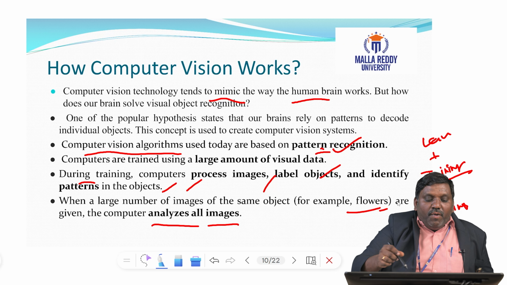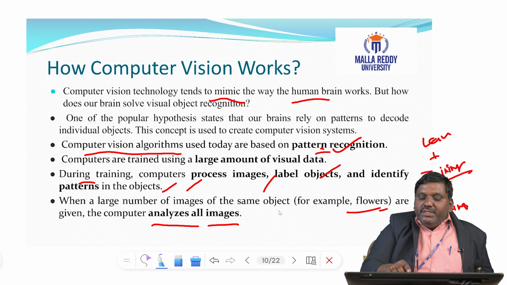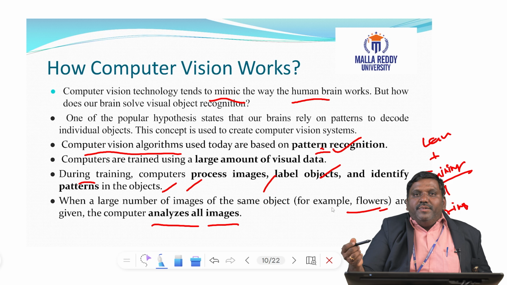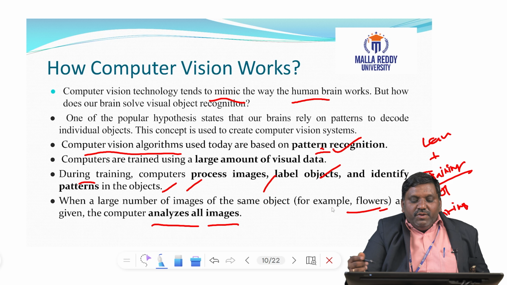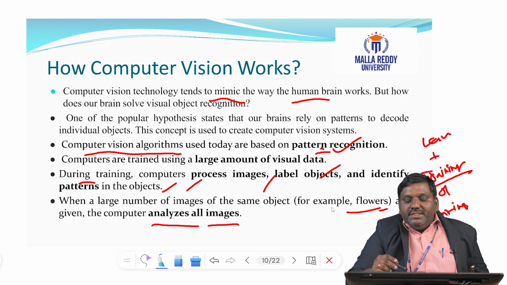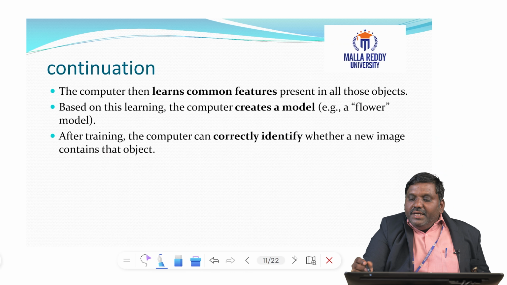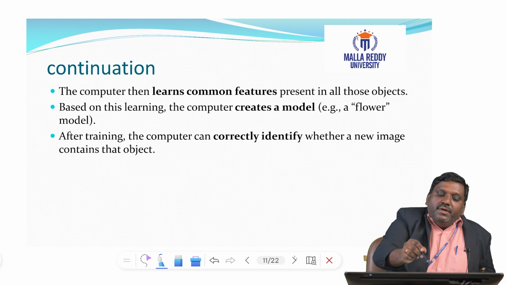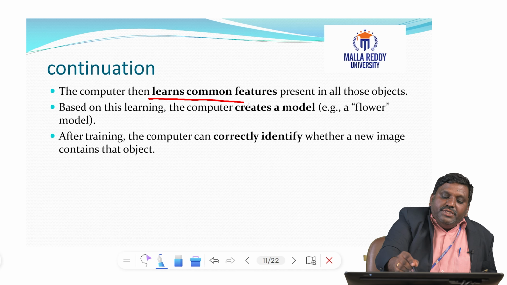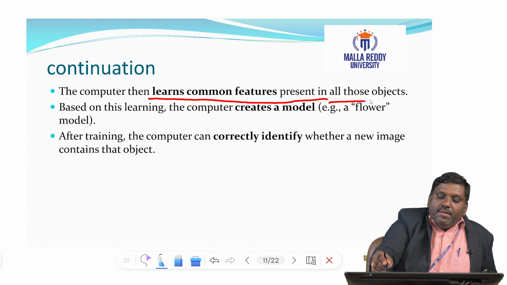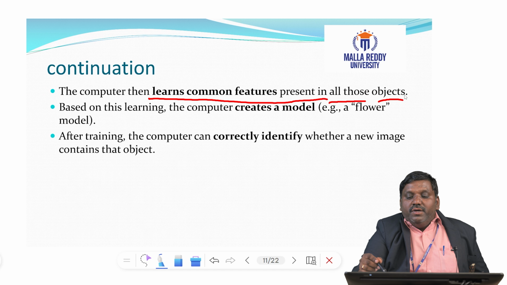In the training phase, a large number of images of the same object, for example flowers, are given, and the computer first analyzes the images. After analyzing, it takes the common features present in the particular object. Here I took a flower as the example.